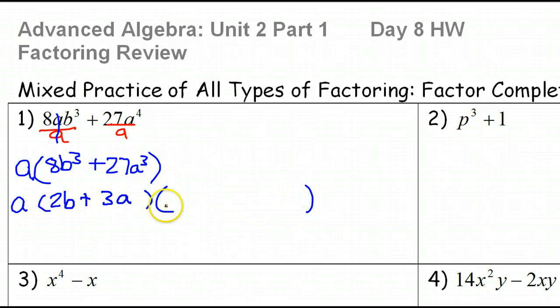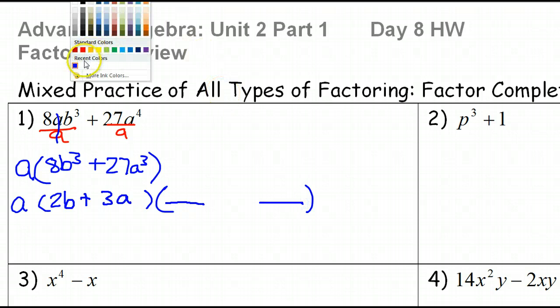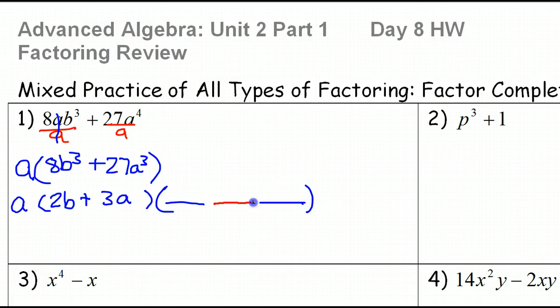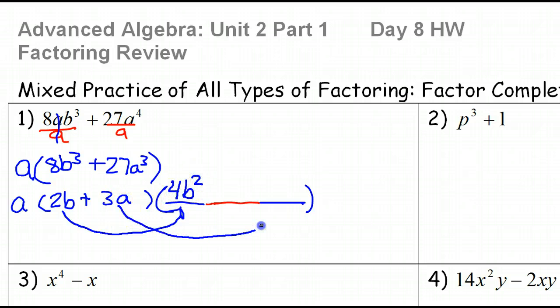Now, the trinomial has 3 parts to it. It has a beginning, an end, and a middle. Let's do the beginning and end first. The beginning and end come from just squaring these. If I take this and I square it, I'm going to get 4b squared. If I take this and I square it, think 3a times 3a, I'm going to get 9a squared.